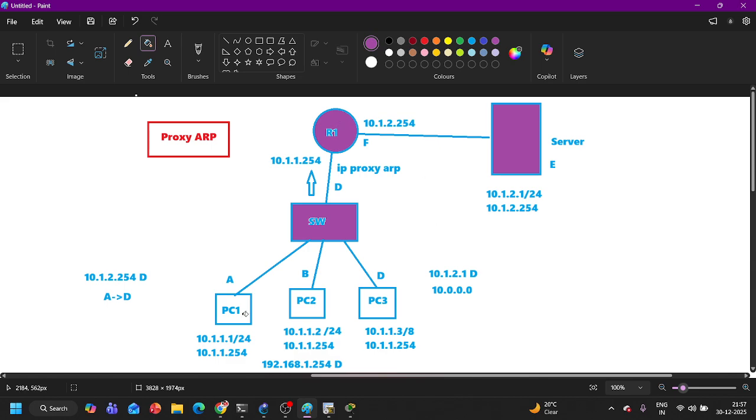It doesn't work. What was the issue? Did I make some mistake? Proxy ARP? No, I didn't use the proxy, I just configured statically. From PC3. You have seen that?